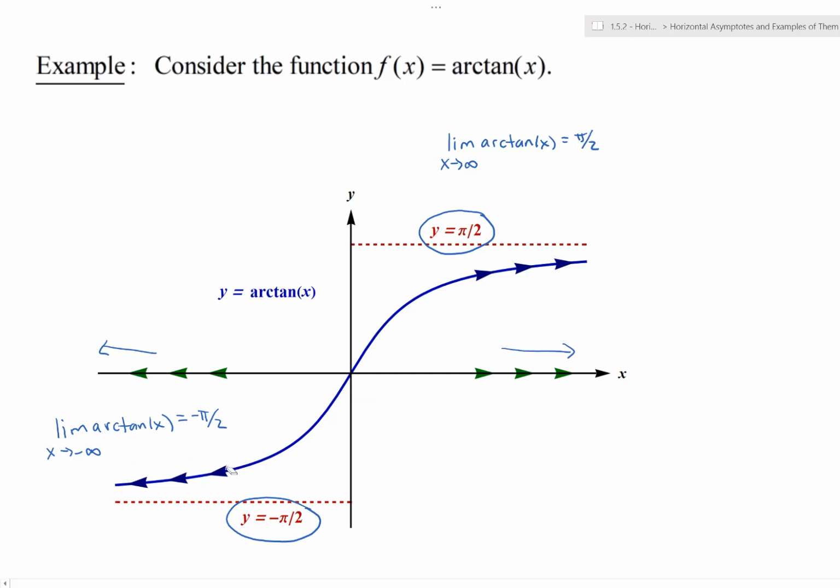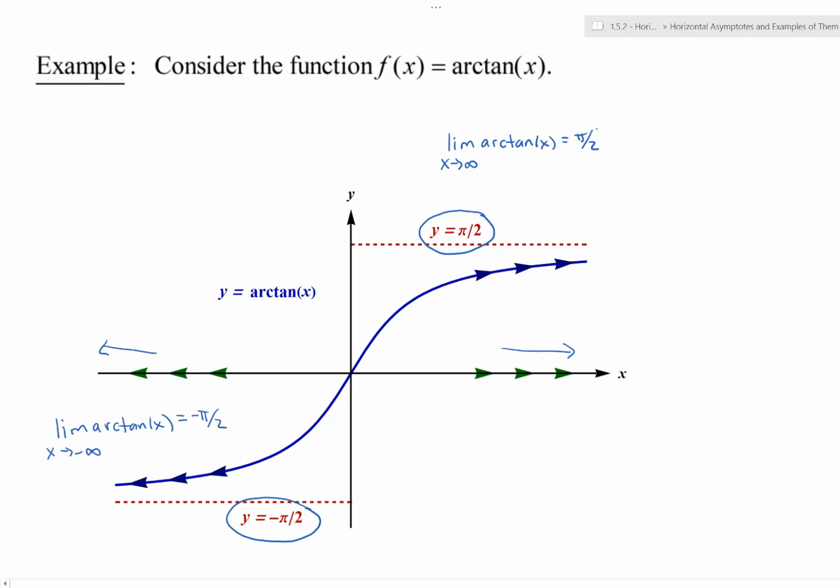Both of these horizontal lines are examples of horizontal asymptotes. And so I just wanted to start the video by showing a specific example of a graph that has two horizontal asymptotes. And why are we having horizontal asymptotes here? It is because of the end behavior of the function.